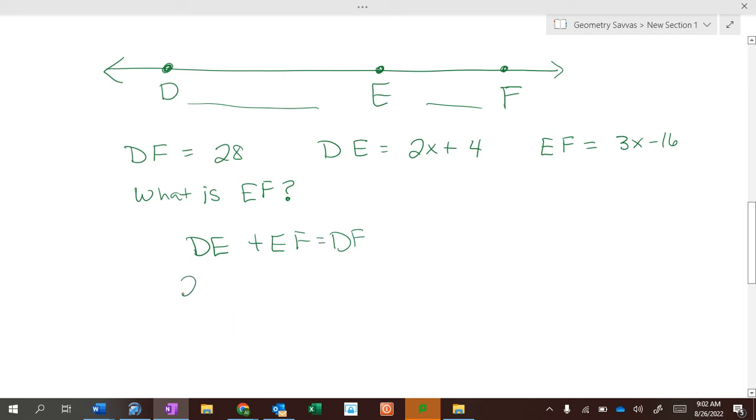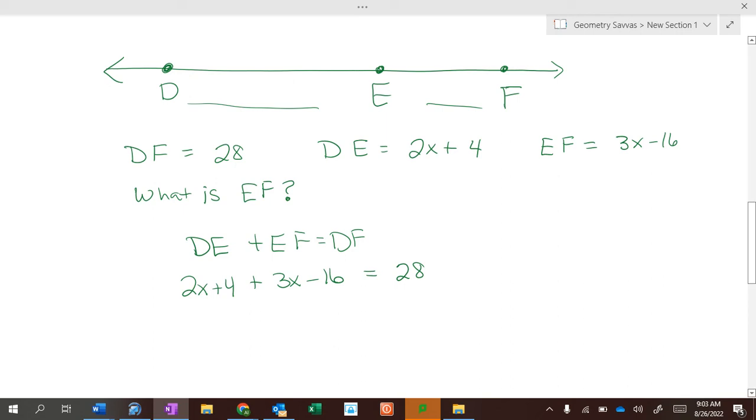So DE is 2x plus 4. EF is 3x minus 16. DF is 28. Hey, there's an algebra equation. What do you do with an algebra equation? You solve an algebra equation.